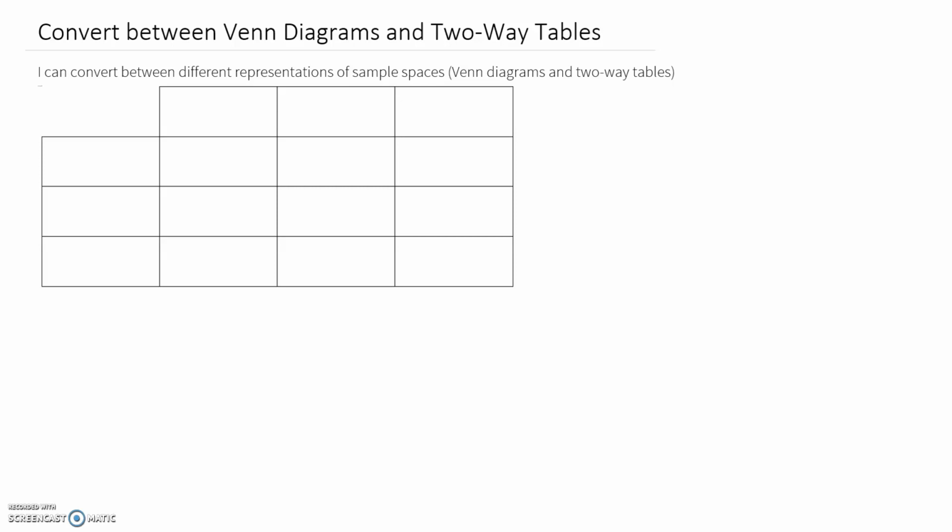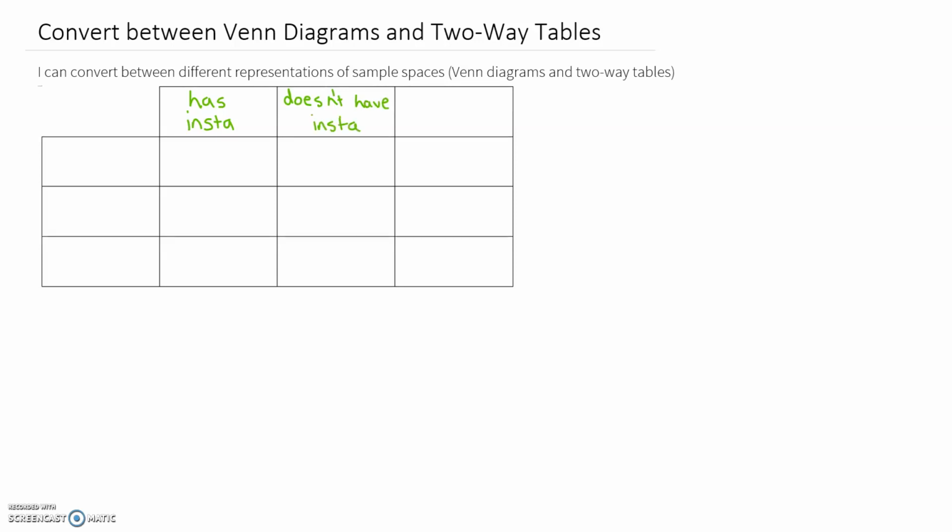We're going to pretend that this is a two-way table about people who have Instagram and Facebook and people who do not have Instagram and Facebook. I'm going to abbreviate them just so that it's quicker to write. Doesn't have Insta.